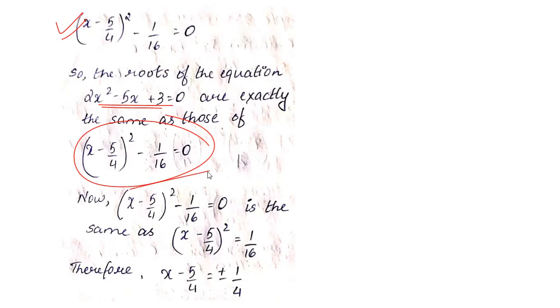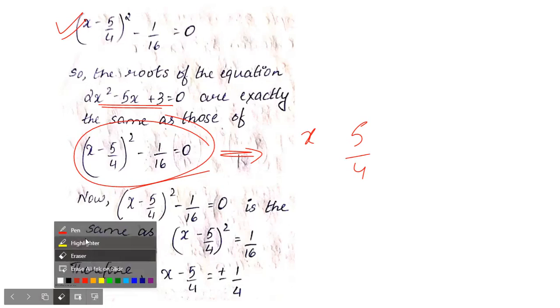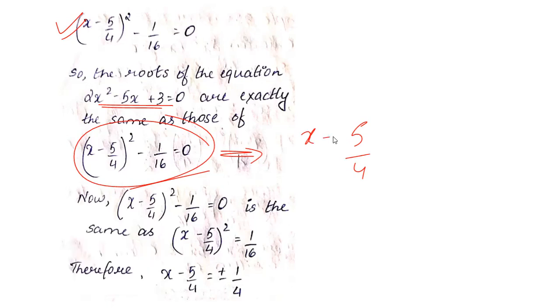Now, if you have done it using the method which I taught in the introductory class, by this step you would have got x minus 5 by 4, the whole square, is equal to 1 by 16.